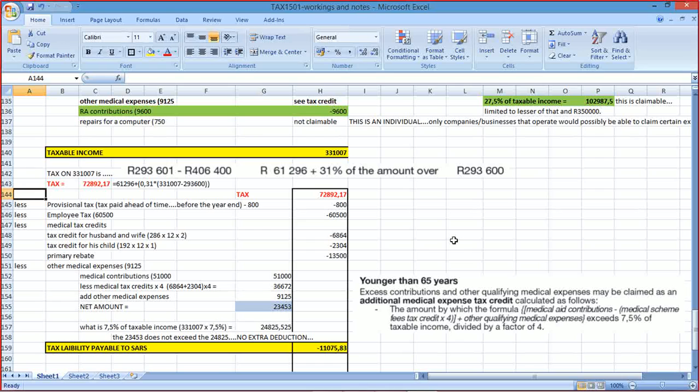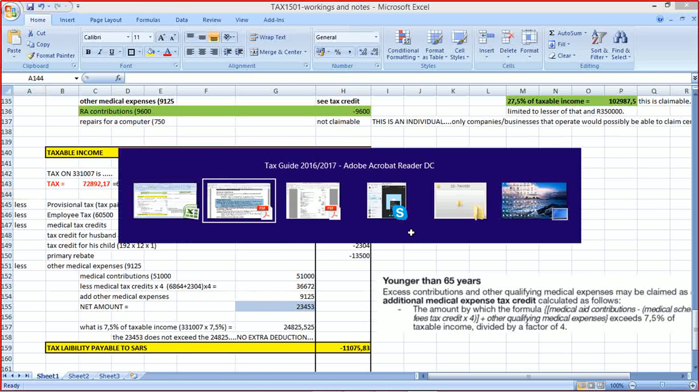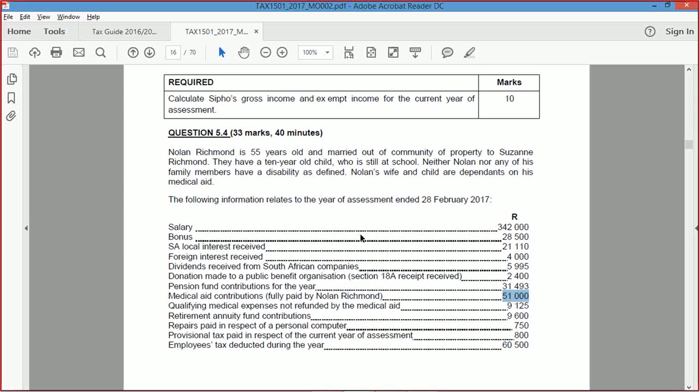But when these questions put it all together, I got a bit confused. Remember, this is the type of exam question you could get. It was 33 marks for 40 minutes. This probably came out of an exam paper. The more of these you do, the better it'll get. You're right.